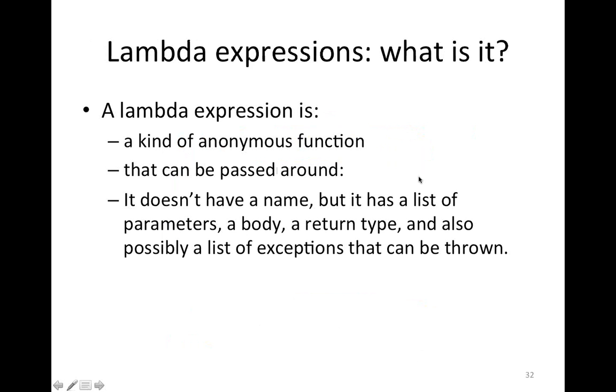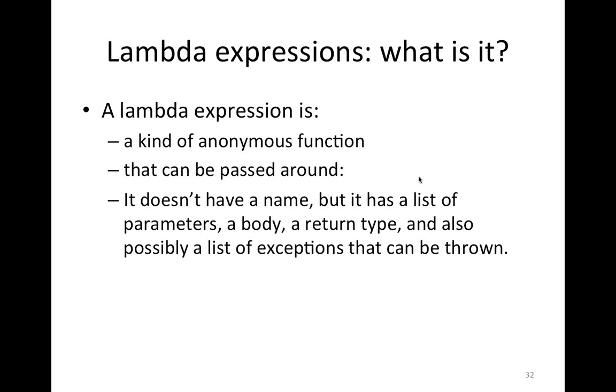So, I've given the motivation now for embracing behavior parameterization and for the need for a better feature to provide concise behaviors. So let's talk about lambda expressions. Here's the kind of scientific definition of what a lambda expression is, and we will drill down into the details in the next slides. So what is it?